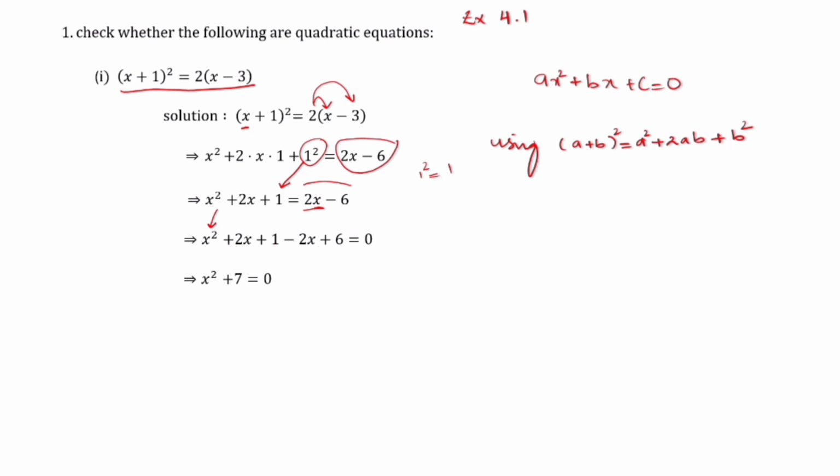If you see clearly, this 2x and this 2x get cancelled, so x squared will remain as it is. This plus 1 with this plus 6 will give me 7.